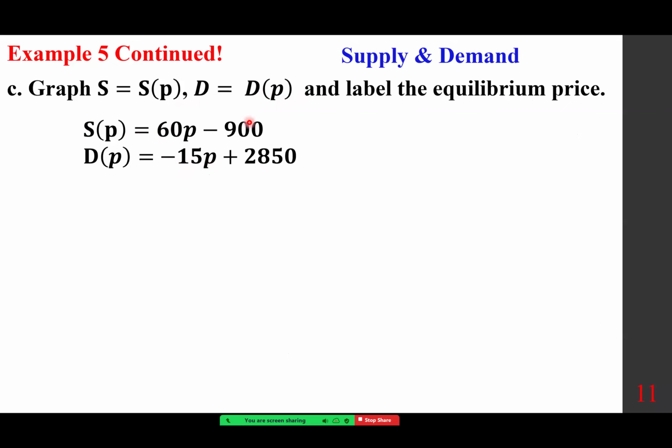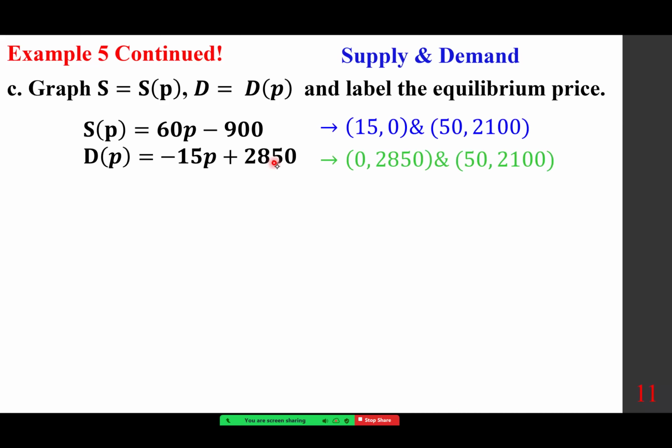Now for this one, we also have 15, 0. And for this one, we have 0, 2850. That means if you set this equal to 0, it results in 15.